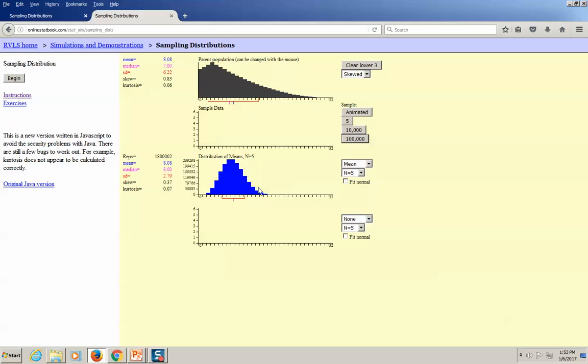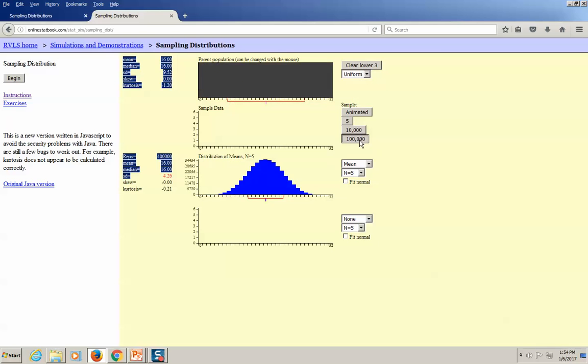There's a very small skew over here, but not enough that we wouldn't call this a normal model, okay? And again, the mean of the top equals the mean of the sampling distribution. The standard deviation of 6.22 dropped fairly significantly. So the centers remained about the same, but the standard deviations are dropping.